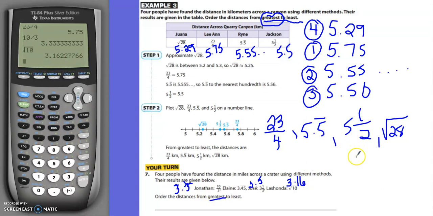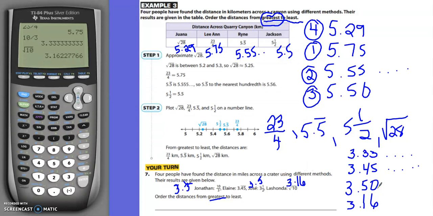So if you want to use the same strategy we did up here, you can have 3 with a repeating 3. You have 3.45 with the repeating 45. You have 3 and 5 tenths. And then you have 3.16.